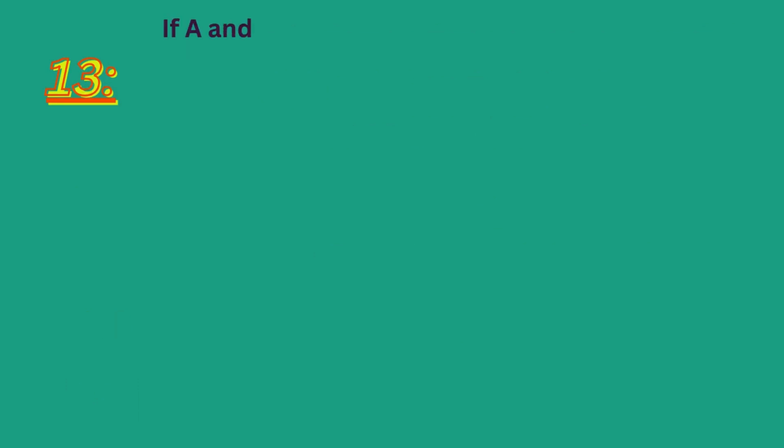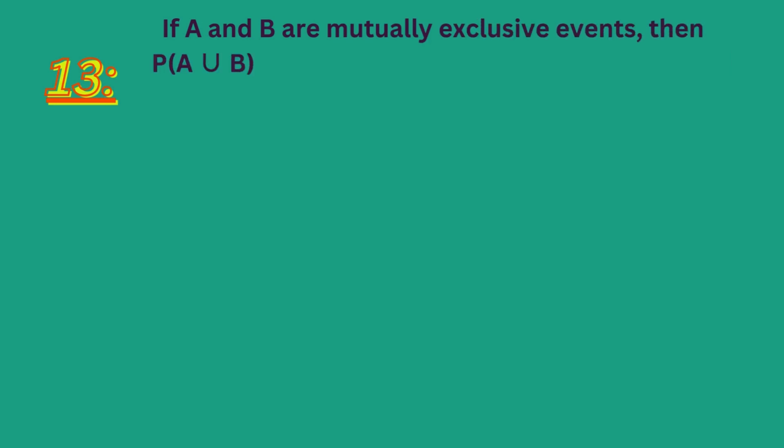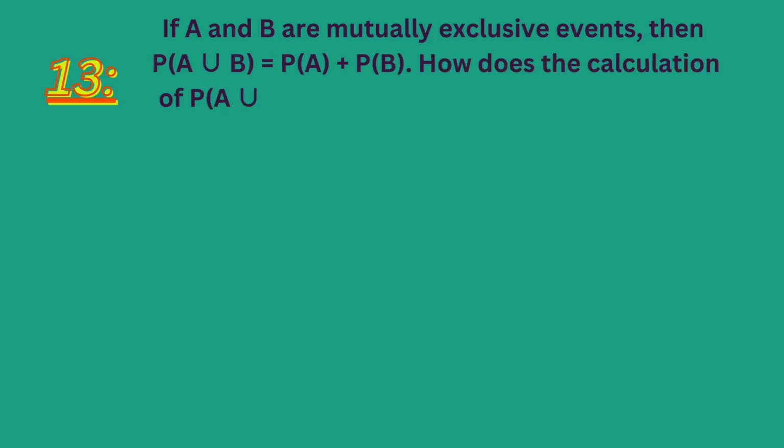If A and B are mutually exclusive events, then probability of A union B equals probability of A plus probability of B. How does the calculation of probability of A union B change if A and B are not mutually exclusive?